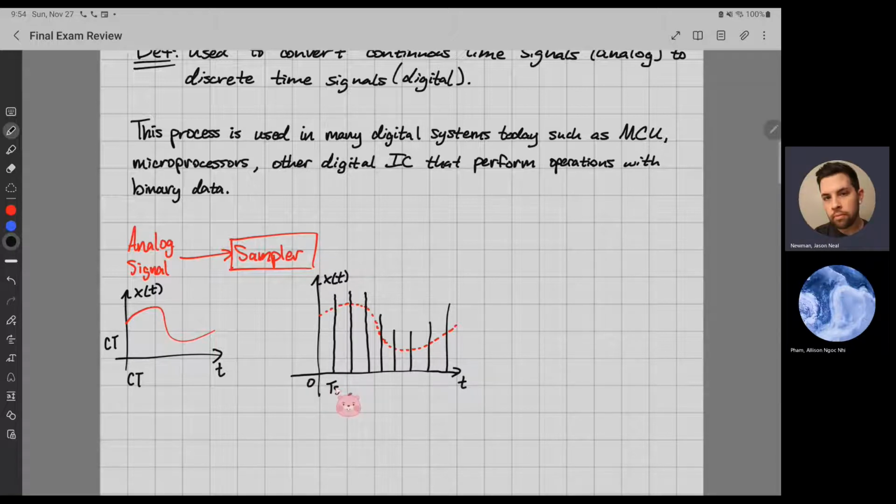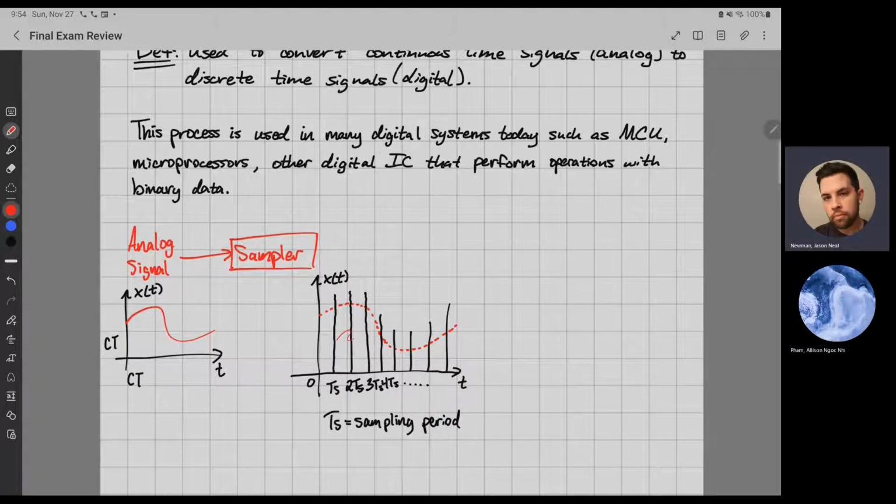Ts is the sampling period of this analog signal. So every interval of Ts, you would take a sample of this analog signal. So this would be 2Ts, this would be 3Ts, 4Ts, and so on, right?